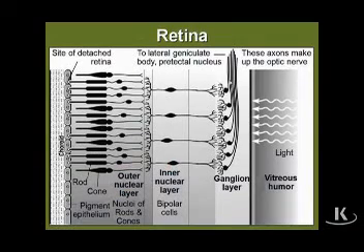One, they're going to project to a third neuron that's going to be found in the thalamus. And second, the axons of the optic nerve should cross the midline if they are typical of other sensory systems, and they will.